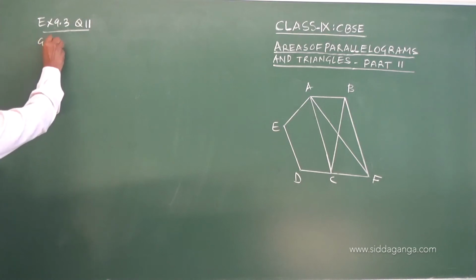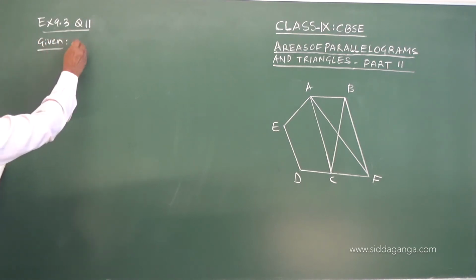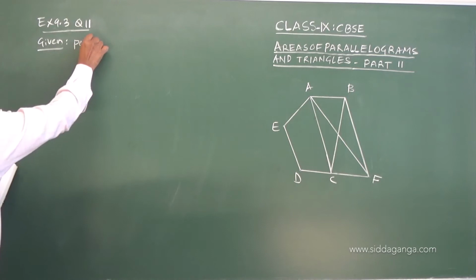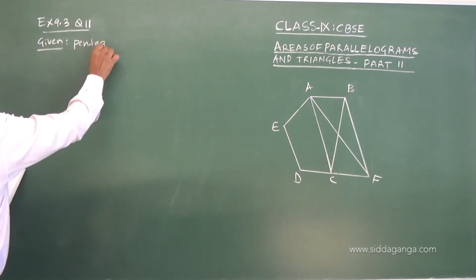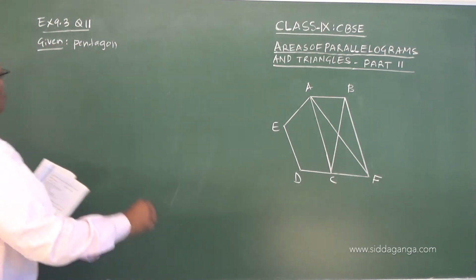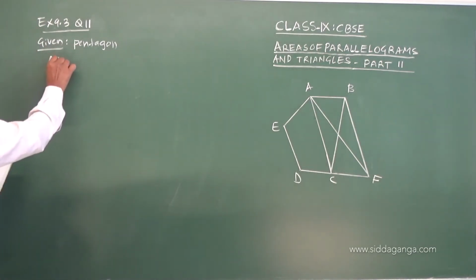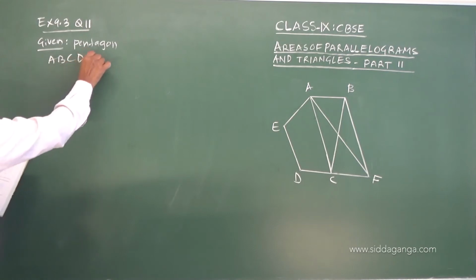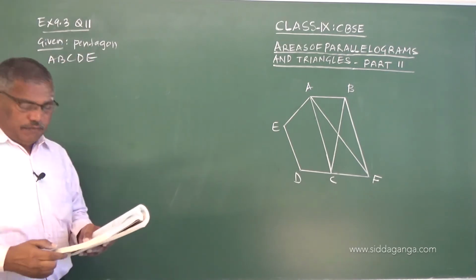Given pentagon. Pentagon is a 5-cornered figure. Pentagon A, B, C, D, E.